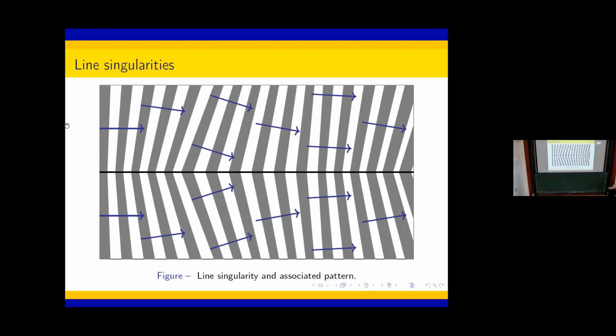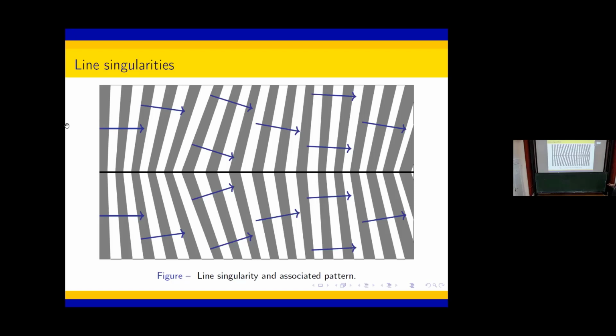So if I come back to the stripes, here is what is a line singularity, a one-dimensional singularity. Here it's a straight line, but you have just a jump in the direction of the stripes.